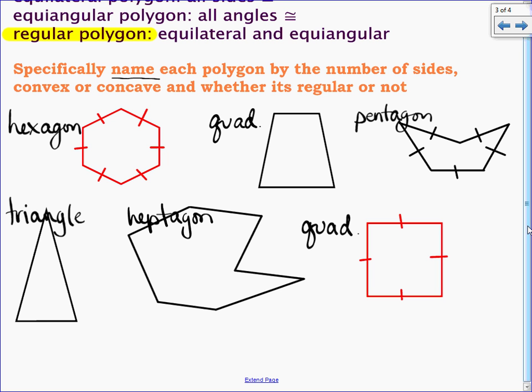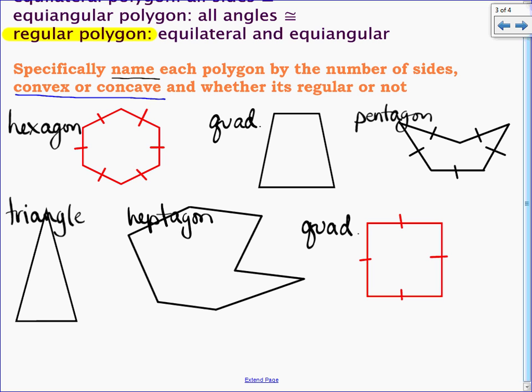Next on each one, we need to state whether it's convex or concave. This one should be pretty simple, right? Right in front of you, I want you to put up how many fingers of how many concave images are up there. I'm seeing 2 from everybody. That's good. Which ones are they? Yes.